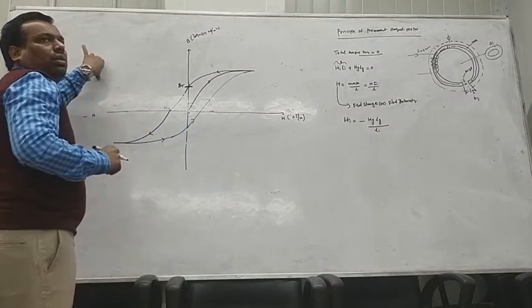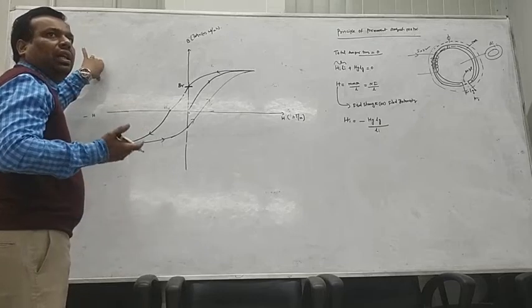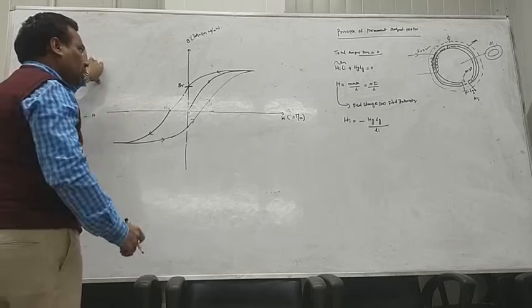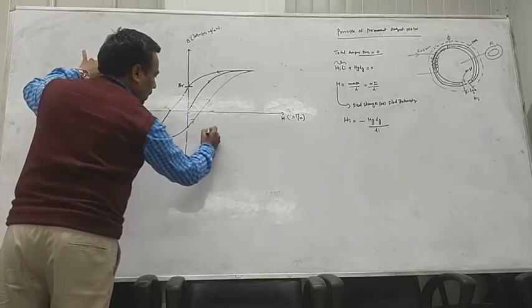Even though the field intensity is 0, the magnetic flux lines exist in the magnetic material, which is called the residual flux density, BR.